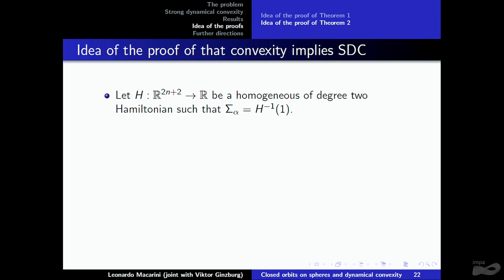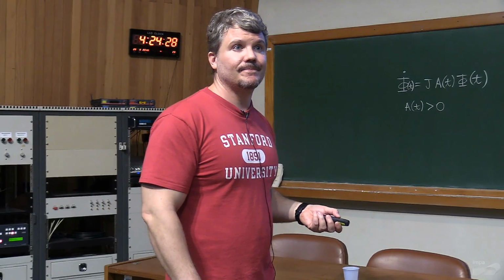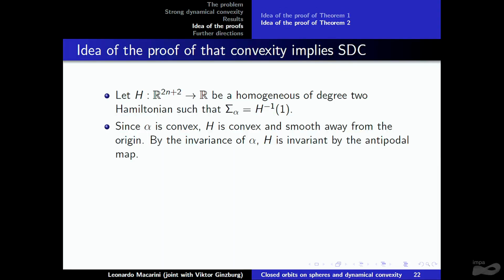And now you take the Hamiltonian H homogeneous of degree 2 such that the corresponding hypersurface is the level 1 of the Hamiltonian. Since alpha is convex, H is convex, and it's moved away from the origin. And by the invariance of alpha, H is invariant by the antipodal map.